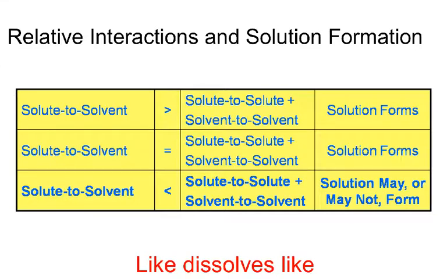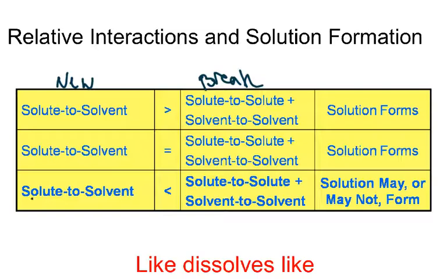So the way to tell if a solution is going to form when we're looking at intermolecular forces: if those new solute-to-solvent forces are greater than the solute-to-solute ones that you're breaking, and the solvent-to-solvent ones you're breaking, then the solution will form. If they're equal to each other, the solution will form.